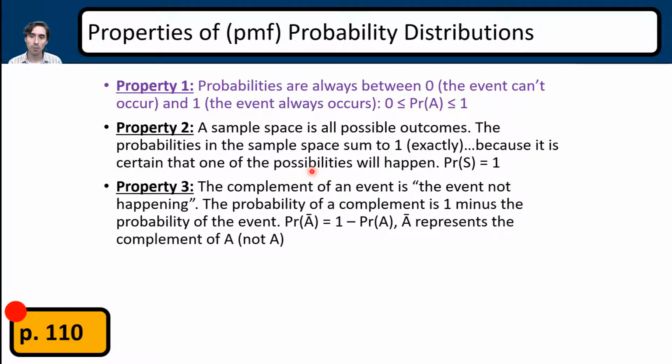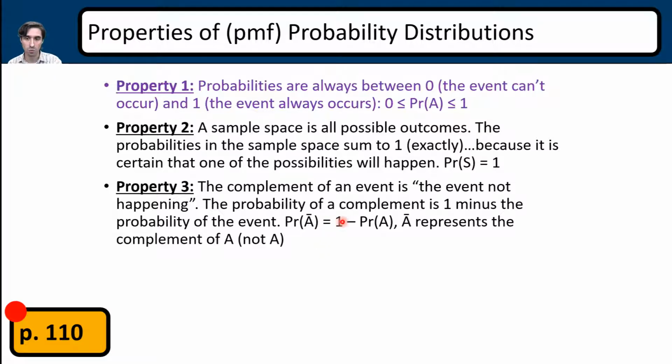Property 3, the complement of an event, that is, the event not happening, is 1 minus the probability of that event. In this example, the probability of A-hat, this little hat right here, means the complement.